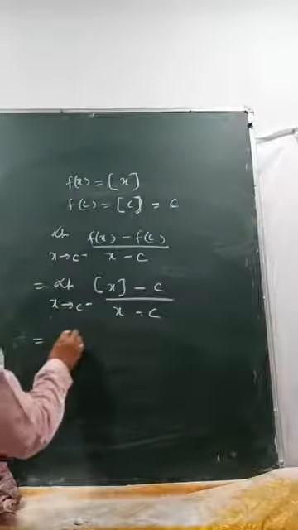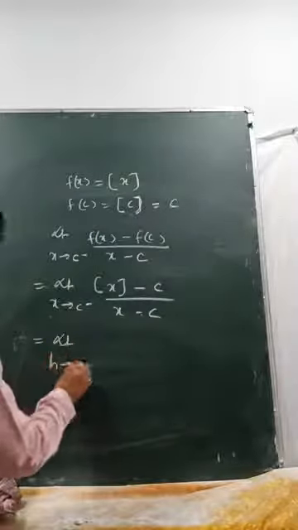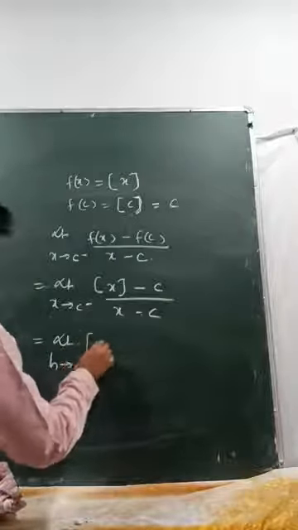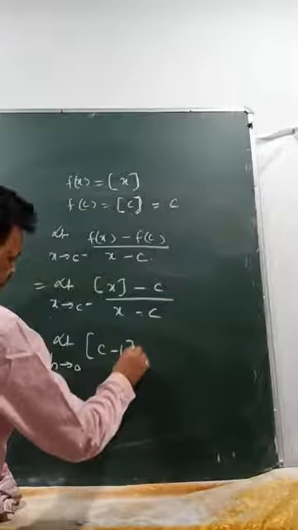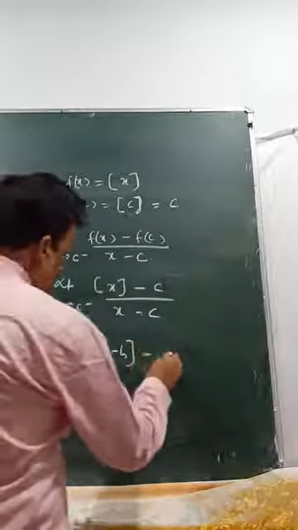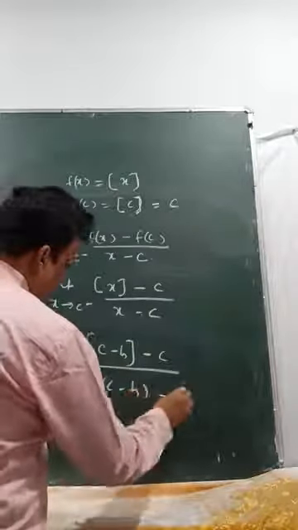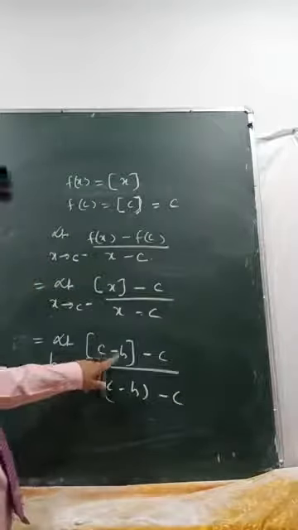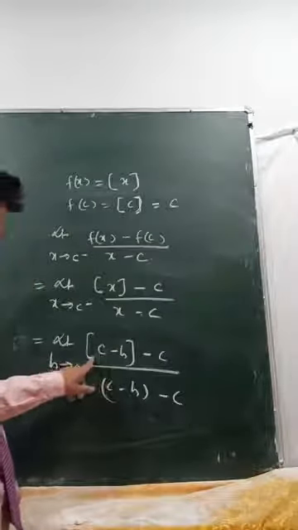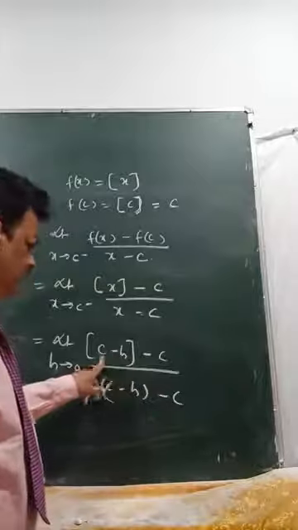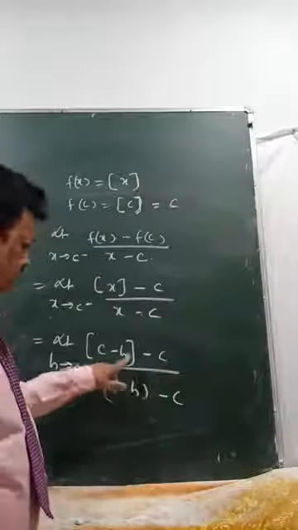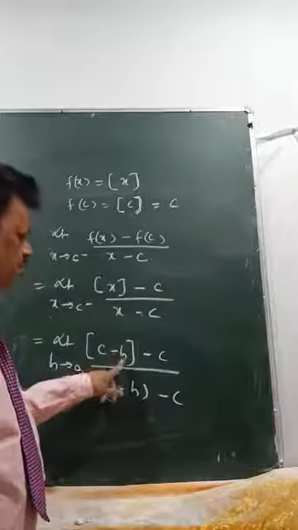That is limit h tends to 0, and this becomes box of (c minus h) minus c, by (c minus h) minus c. Look, this is in the box. In the left hand limit of the greatest integer function, we discussed c minus h means 1 less.